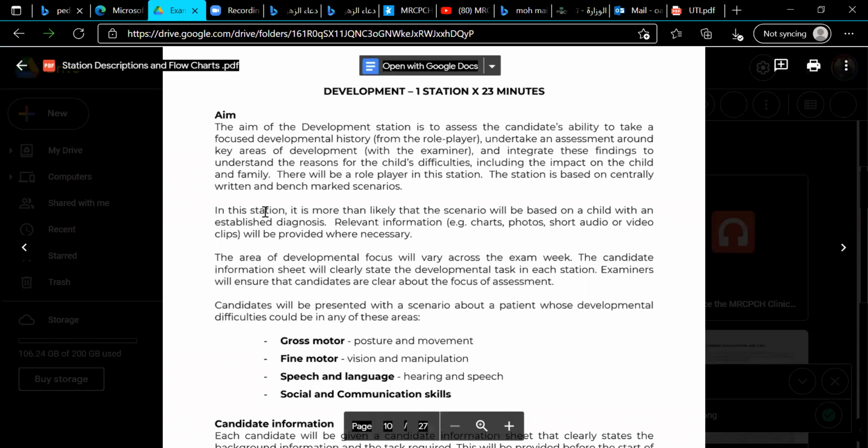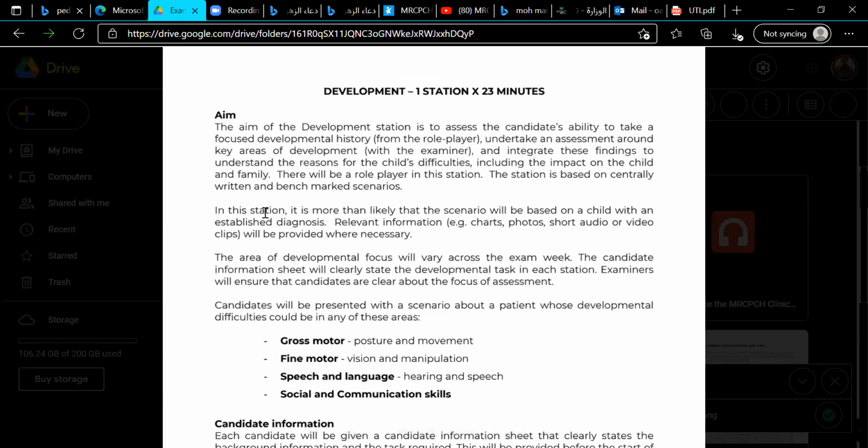So in this station, it is more than likely that the scenario will be based on a child with an established diagnosis. So most likely it's non-diagnosis. The underlying diagnosis is not hidden. Relevant information including charts, photos, short audio or video clips will be provided where necessary.